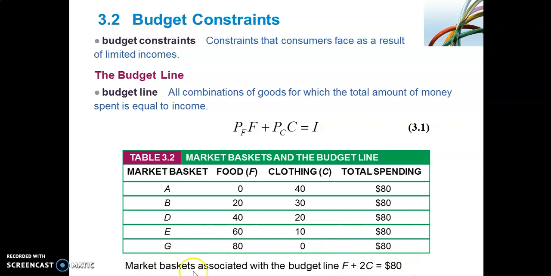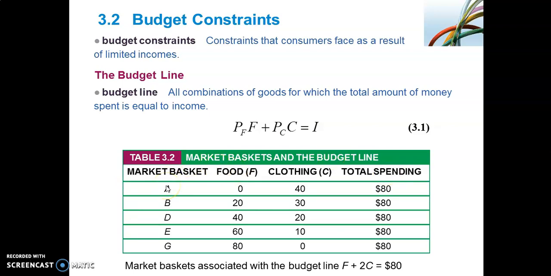And the various market baskets in this table are associated with this budget line. So what does this table give us? Well, it gives us, like I said, different market baskets, so therefore, different combinations of food and clothing that can be obtained with the total income of $80. So let's look at these various combinations that can be purchased given the prices of the goods and the income.